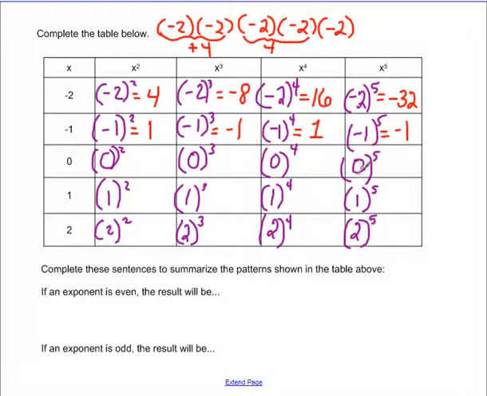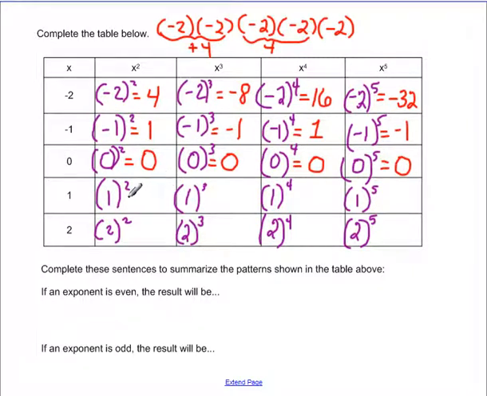Now let's take a look at zeros. 0 to the second power is 0. 0 times 0 is 0. 0 times 0 times 0 is 0. 0 times 0 times 0 times 0, when I raise it to the fourth power, notice nothing very interesting happens with 0 here. 0 raised to any power is always going to give me 0.